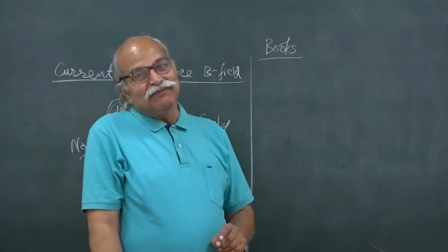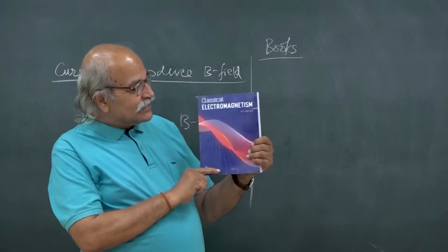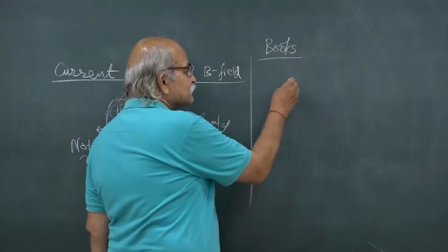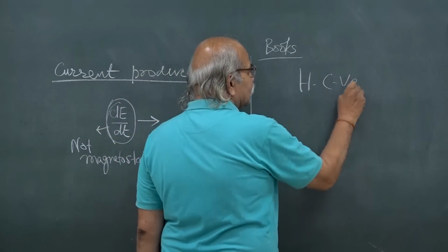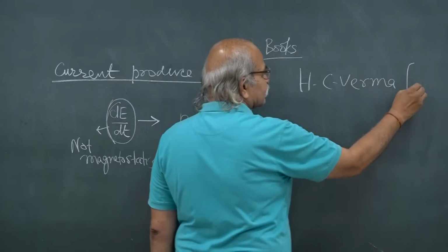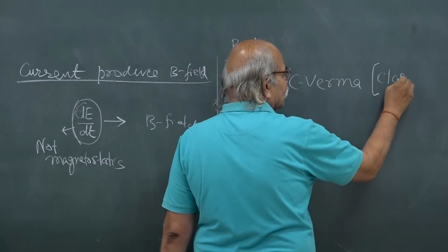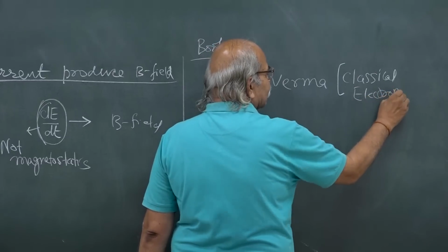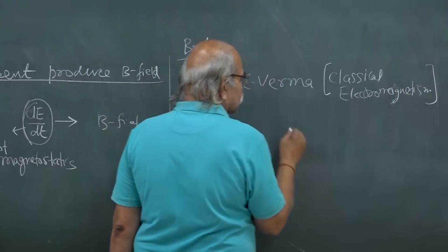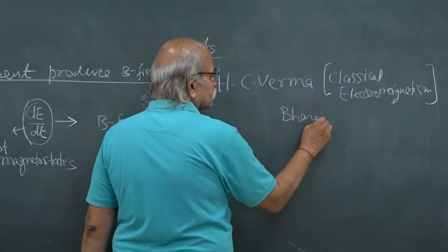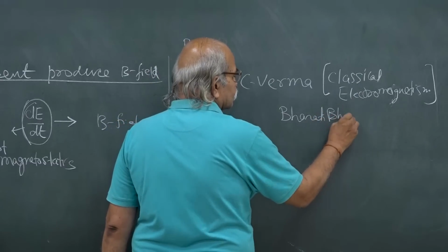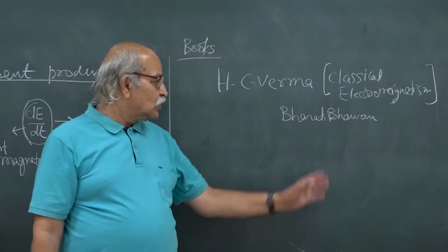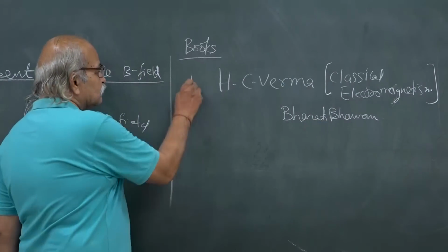So, the main book that I will be following in this course is Classical Electromagnetism by H.C. Verma, recently published by Bharati Bhavan. You can get this book from your booksellers or from the website of Bharati Bhavan. So, this is the base book.